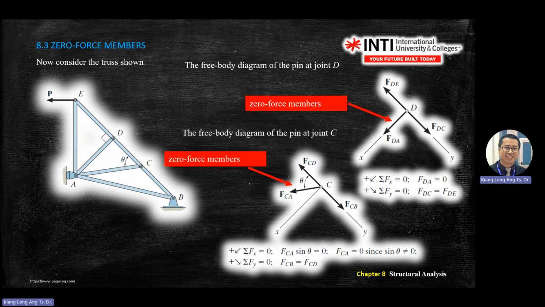What is the similarity between these two diagrams? My question is how you spot the zero force member if you have this kind of scenario.